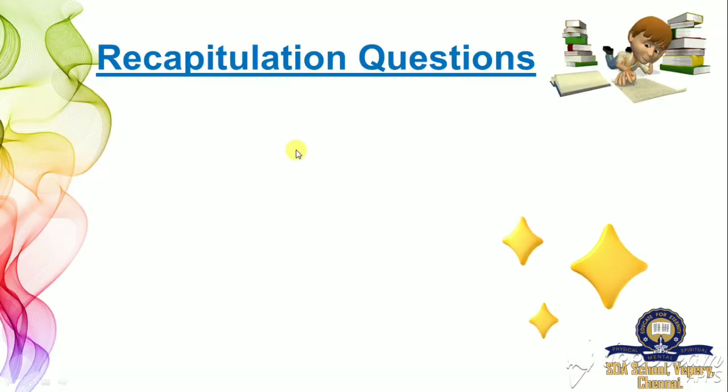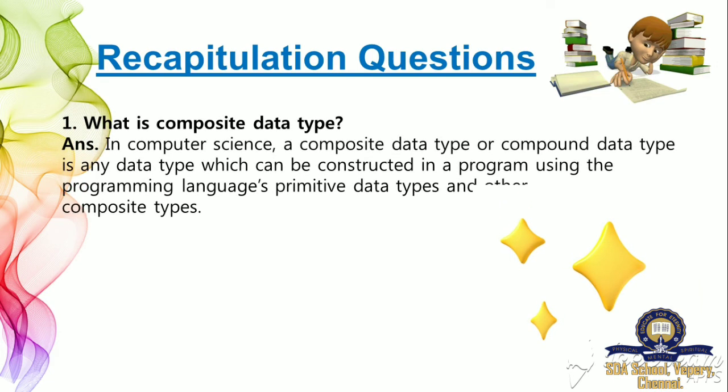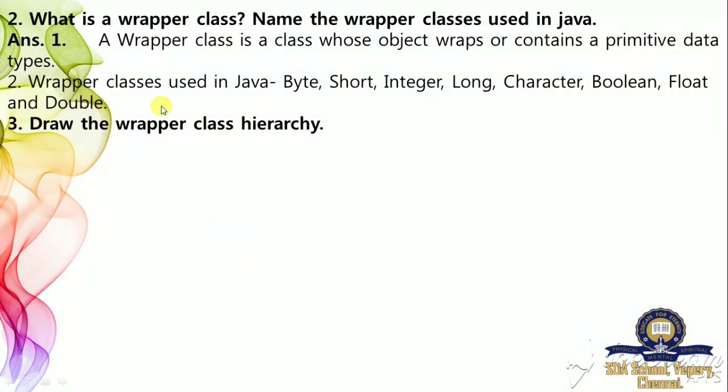Now let's see the recapitulation questions. The first question is, what is a composite data type? In computer science, a composite data type or compound data type is any data type which can be constructed in a program using the programming language's primitive data types and other composite data types. Next question is, what is a wrapper class? Name the wrapper classes used in Java.